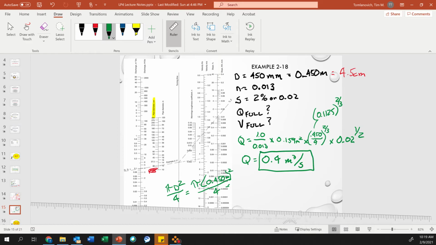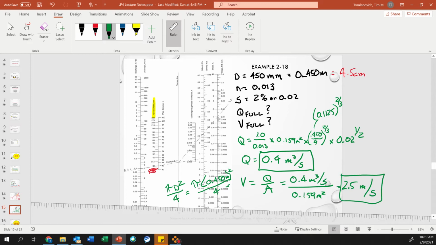Okay, and then V equals Q over A, and that equals 0.4 cubic meters per second divided by my area, 0.159 meters squared, and I get 2.5 meters per second as my full velocity.